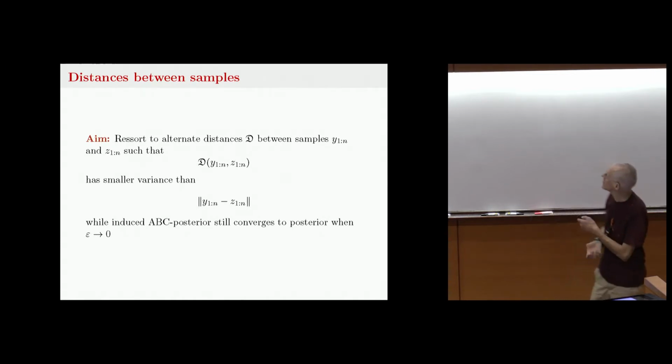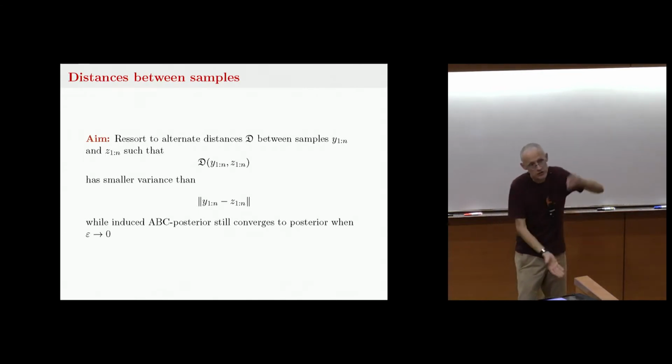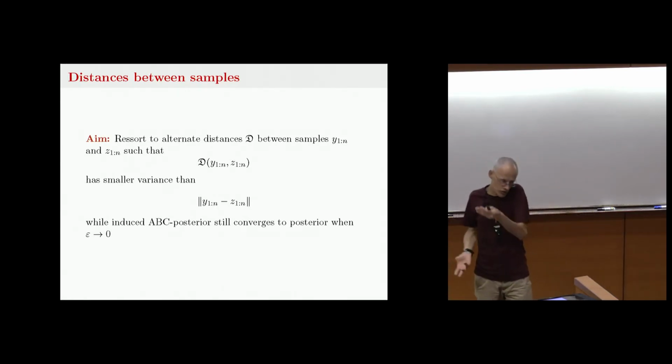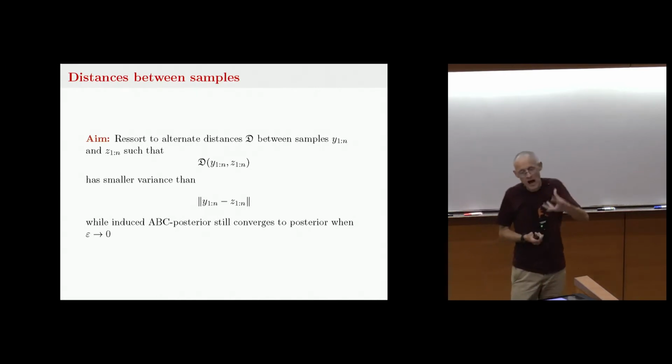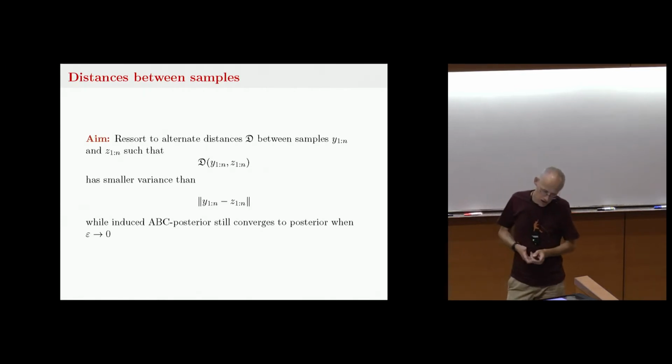But rather than looking at a rather dumb distance directly between the vector of observations and the vector of simulations, especially in cases where the data is IID and the simulations are IID, the sample as a whole could be considered for computing this distance.